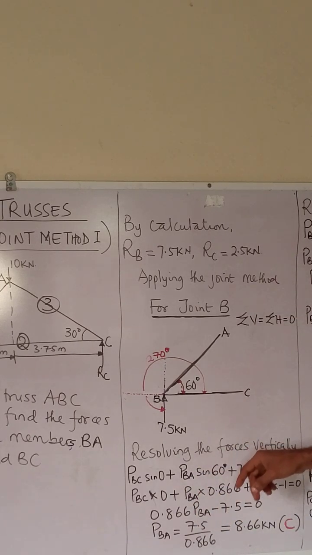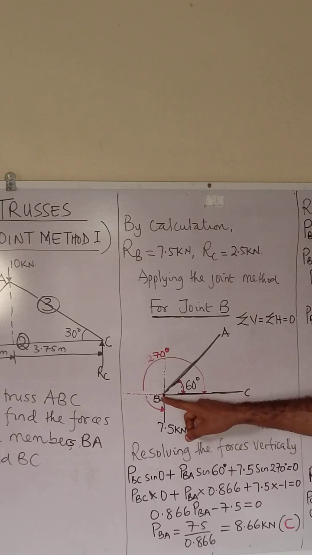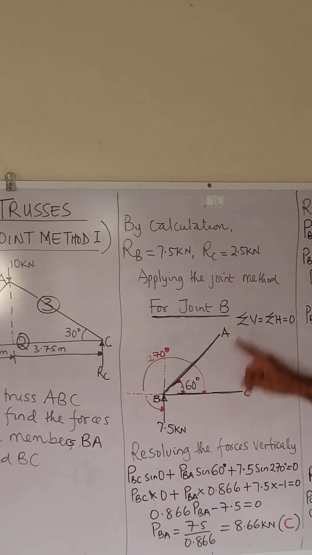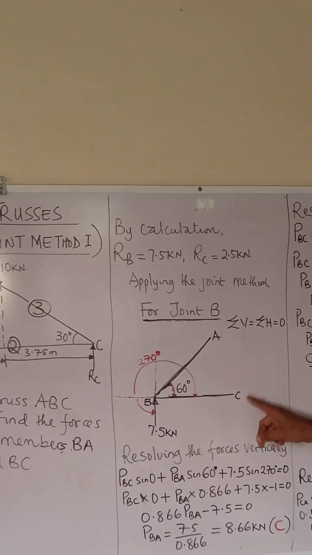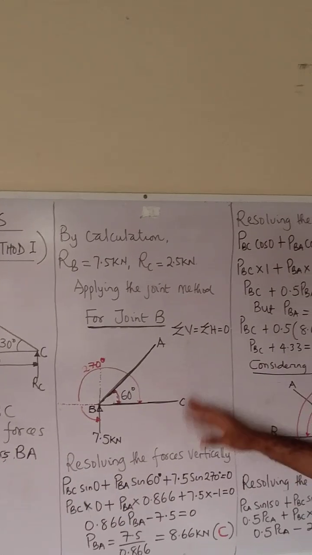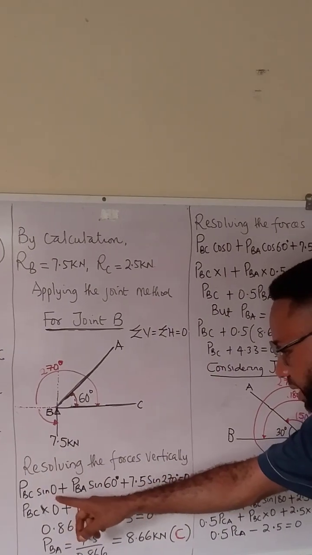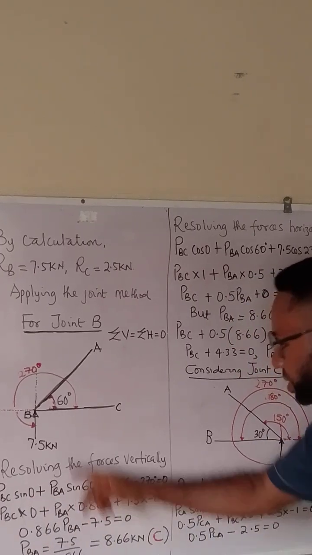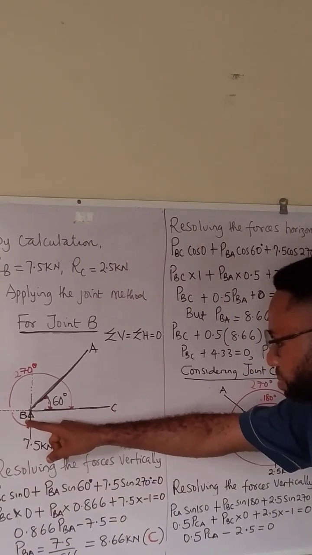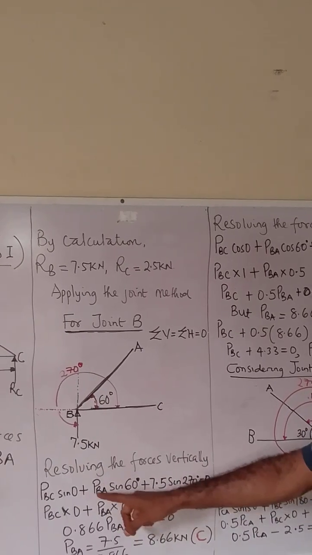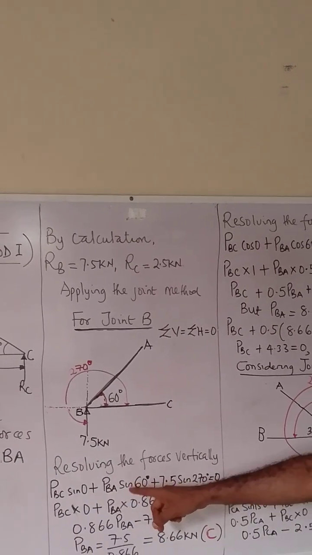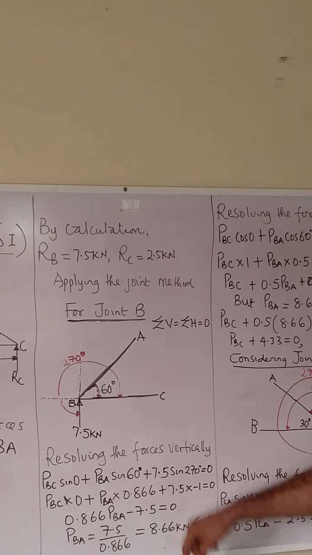Plus, the next one we consider is the force in member BA, which is inclined at 60 degrees. That's why we have FBA times sine 60 degrees.